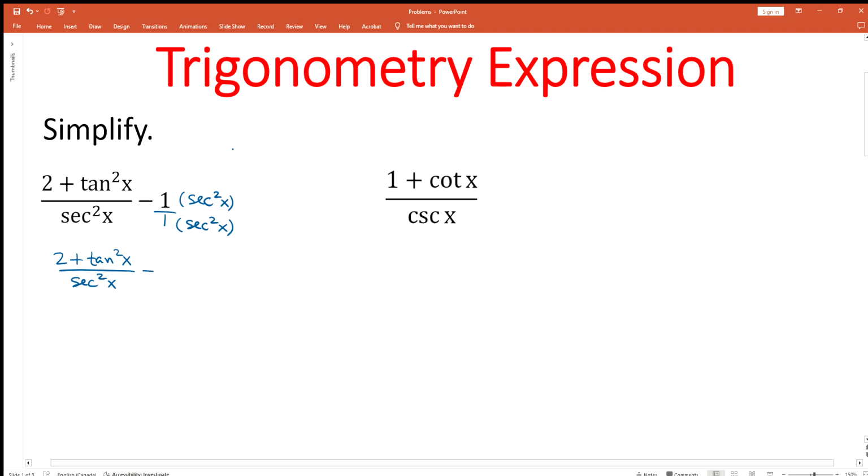One times secant square x is secant square x. Now these fractions have the same denominator. We can combine them into a single fraction.